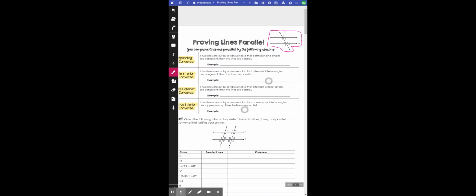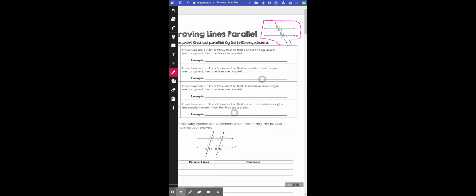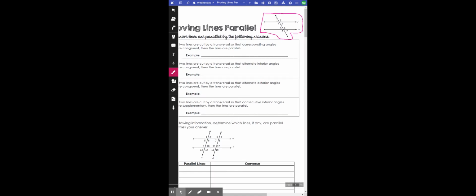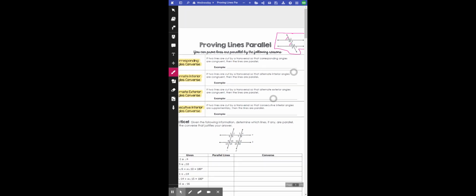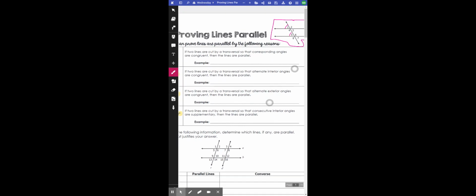So if we take a look at this example up here, if we look at corresponding angles, let's look at angle 1, angle 5. Those are corresponding angles.